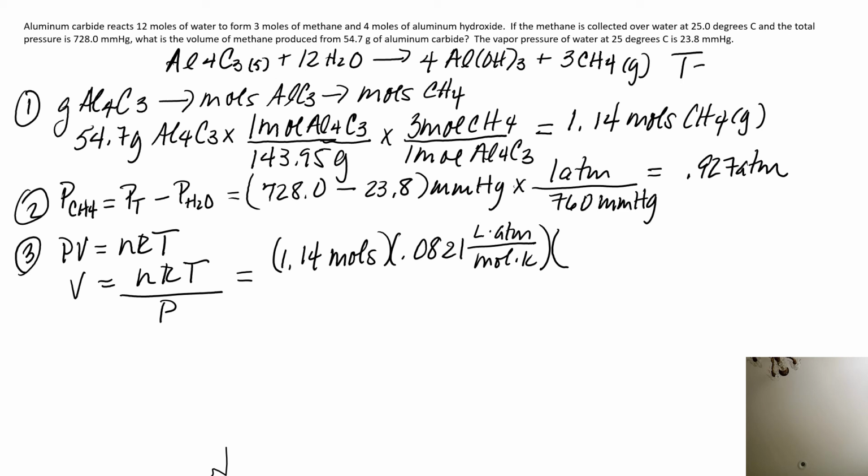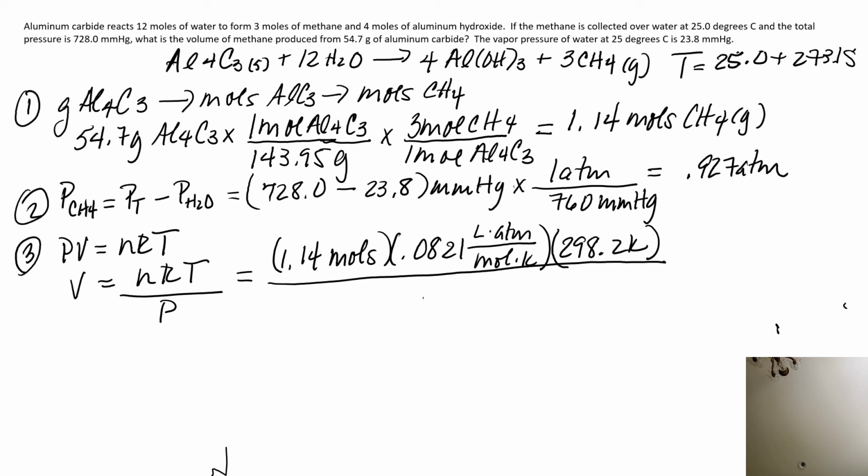So temperature equals 25 plus 273.15. So we have 298.2 K, which we divide by our atmospheres of 0.927.